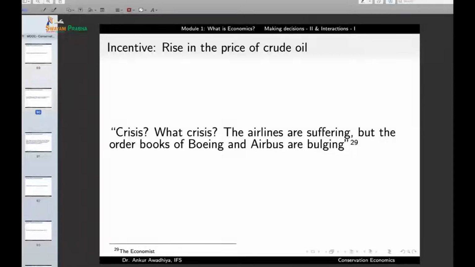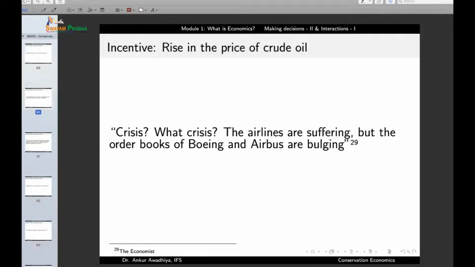So let me take my money and put it into some other sector. So the investors might try to reduce the amount of investment that they have made in the airline sector and shift it to some other sector. So EasyJet investors worry about rising fuel costs and probably they will take their money out of the airline sector.